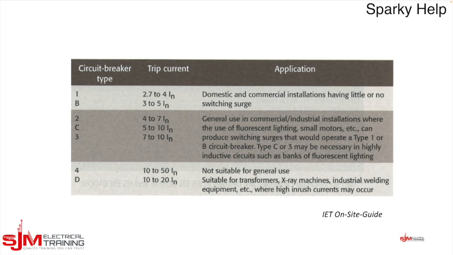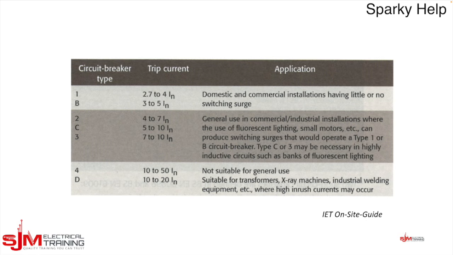But you can see a Type B can withstand a tripping current 3 to 5 times its rating, and as you can see there, you've got domestic commercial installations having little or no switching surge. And then we've got C, 5 to 10 times its rating, general commercial fluorescent lighting. We keep going on about fluorescent lighting in exams and things like that. But more likely you're going to be stripping them out and replacing with LEDs.